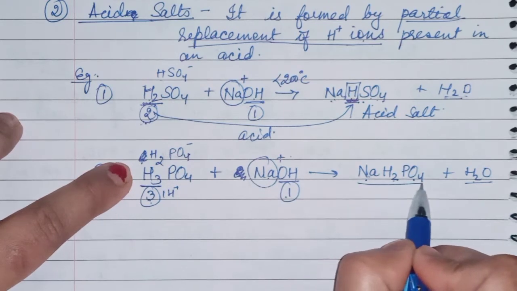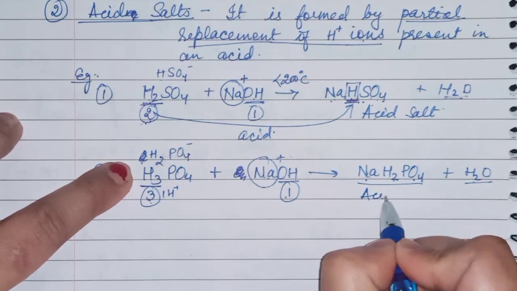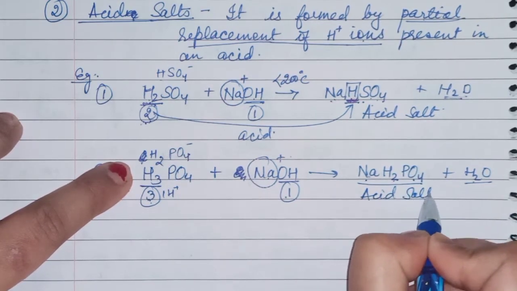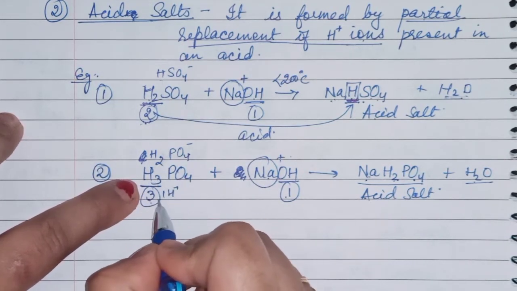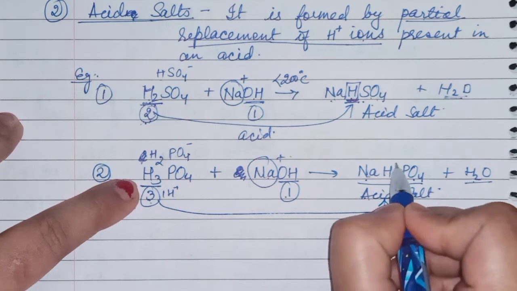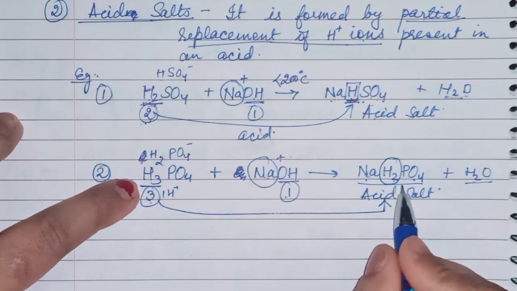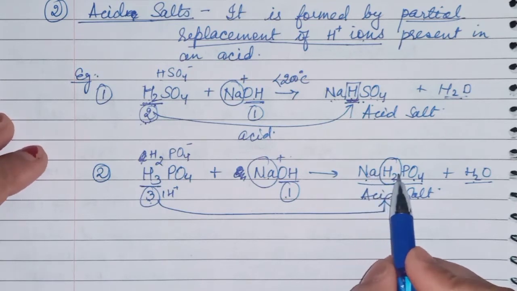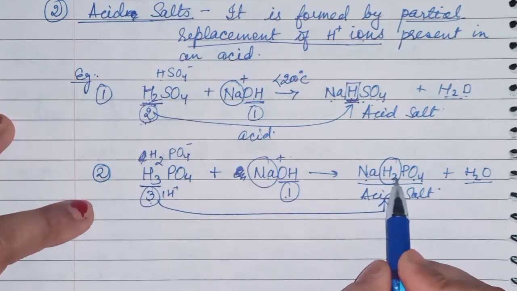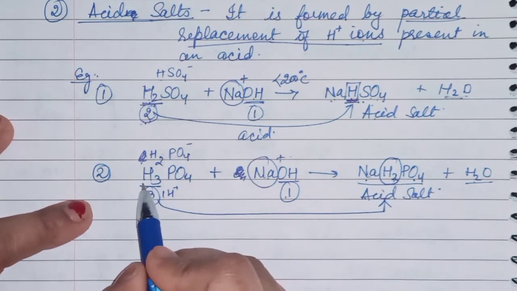This is a salt that is acidic in nature. That means this acidic property is coming from this phosphoric acid, and here hydrogen is present. That's why you can say it is an acidic salt. In acidic salt, hydrogen will be present there, and that hydrogen is coming from the acid.